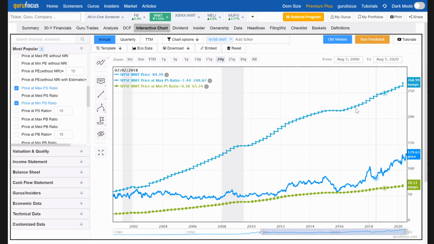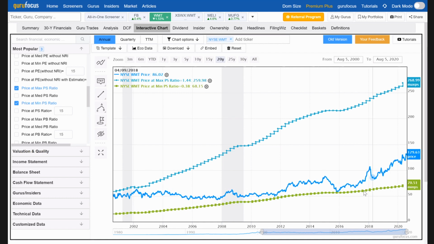It is what the price would be if the price to sales ratio were always 1.44, which is the highest for Walmart in the last 20 years. Assuming the price to sales ratio is 1.44, the price should be on this line. And assuming the price to sales ratio is 0.38, it will be on this line.